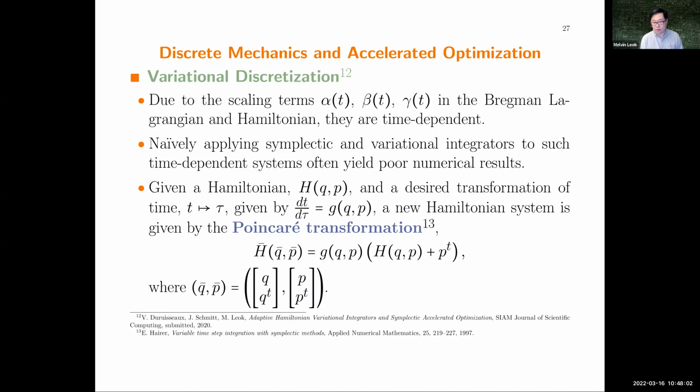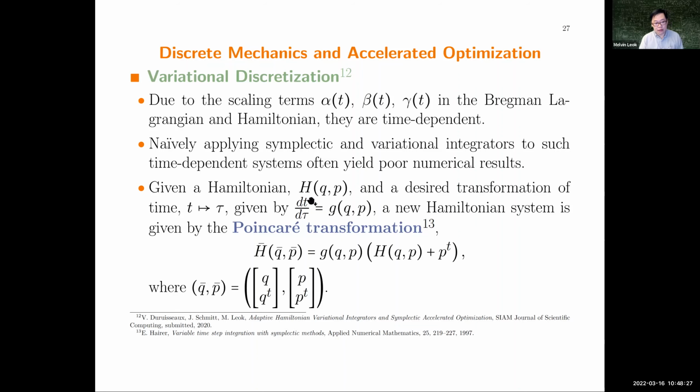They only preserve what is called a modified energy, and the modified energy depends on the time step you take. So if you change the time step from iteration to iteration, then they're all preserving a modified energy, but a different modified energy. And so what ends up happening is that the energy has an error which ends up growing.